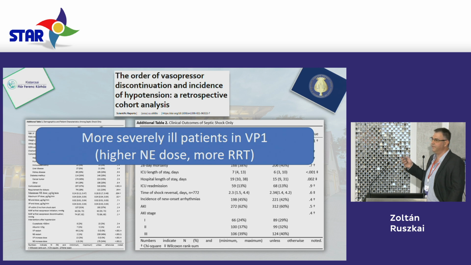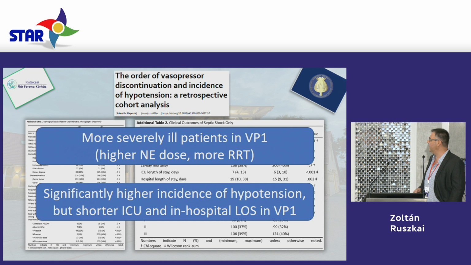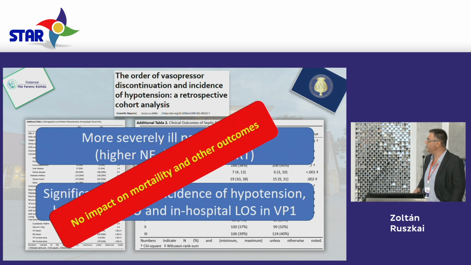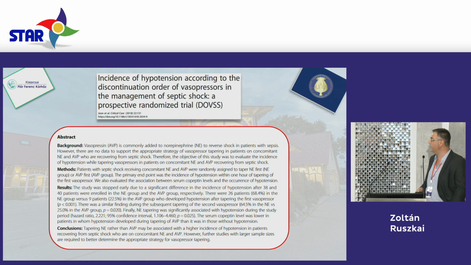If we look at the data and choose only a subgroup of septic shock patients, we see that more severely ill patients were in the vasopressin group, and there was a significantly higher incidence of hypertension, but shorter ICU and in-hospital days if we weaned these patients from vasopressin first, and there was no impact on mortality and other outcomes.